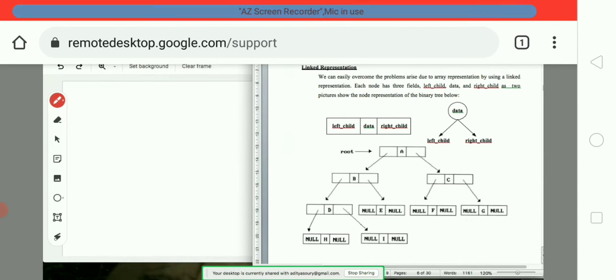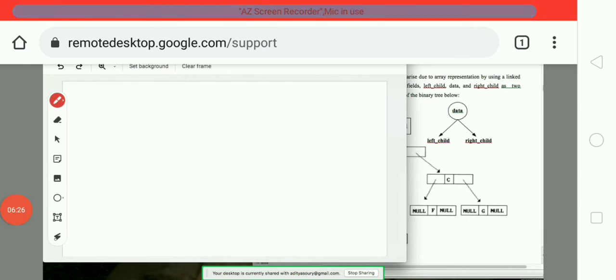Now let us see an example of this topic. Let us see the diagrammatic representation.